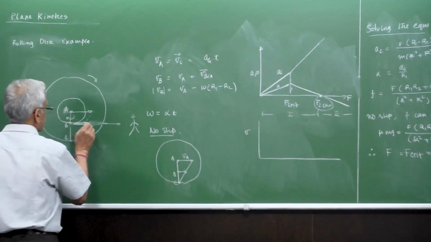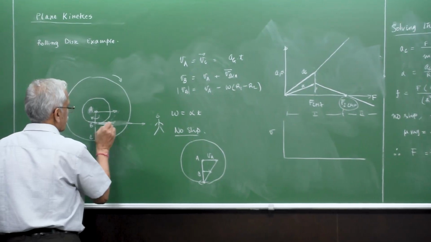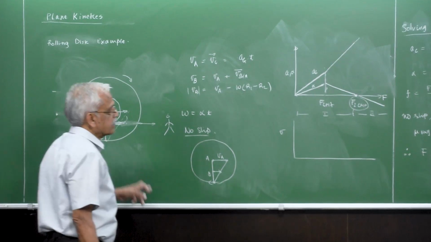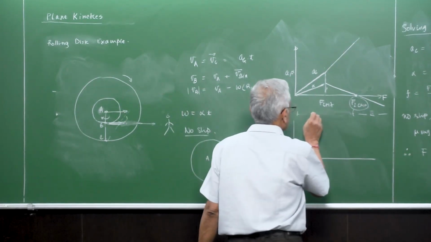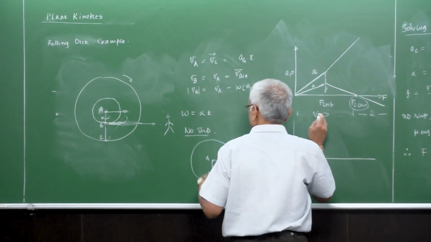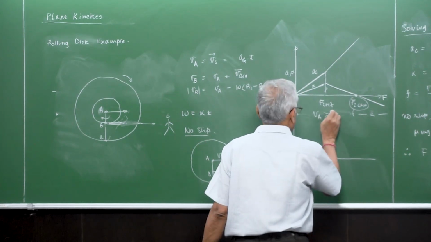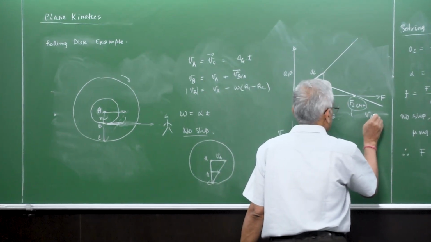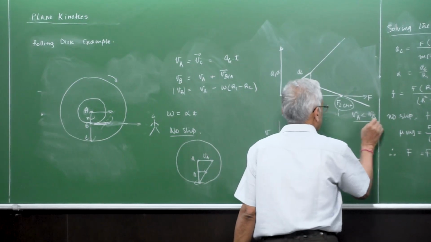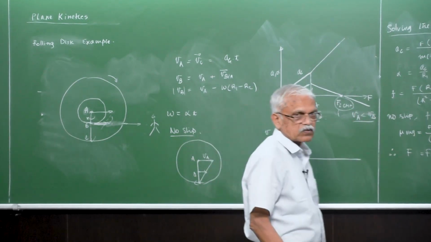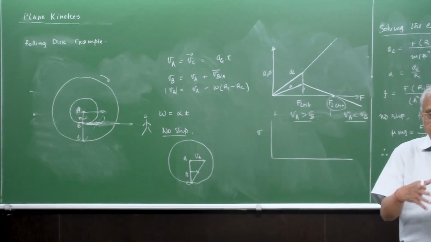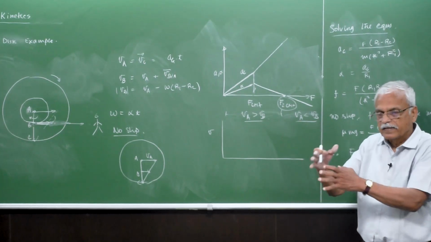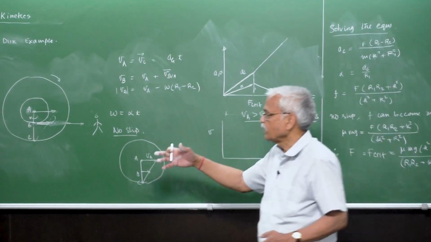That means this is going to increase a little bit more because it's slipping, but still the velocity of A is more than the velocity of B. So here you can say that the velocity of A is more than the velocity of B in this portion, and in this portion the velocity of A is less than the velocity of B. And exactly at this point there is no rotation and the rope will neither wind nor unwind, and it just keeps slipping with the same length of the rope.